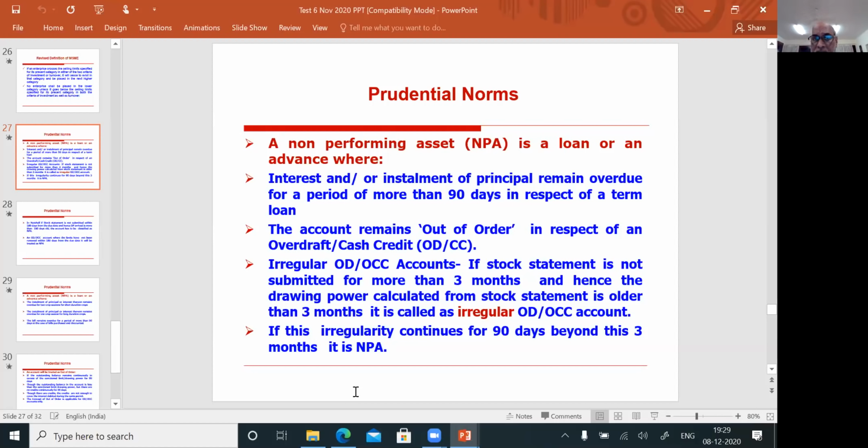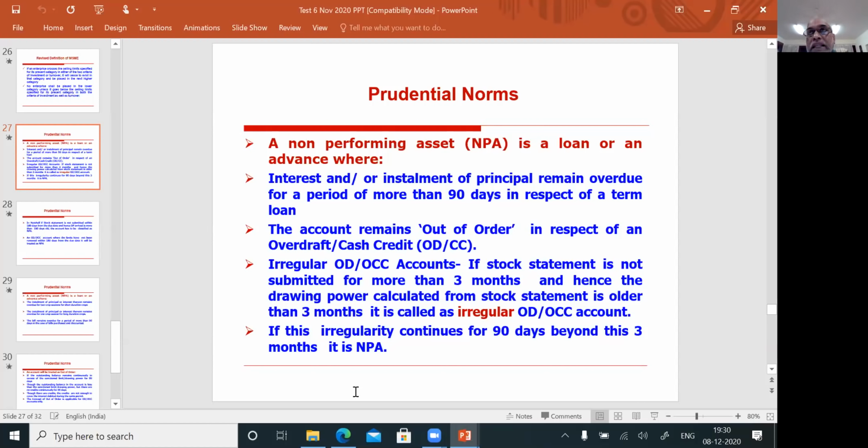First point: interest or installment of principal remains overdue for a period of more than 90 days in respect of a term loan. Even in agriculture, you have allied activities, and certain product codes you are opening. When the agricultural loan repayment is not related to crop cultivation, that also will come here.